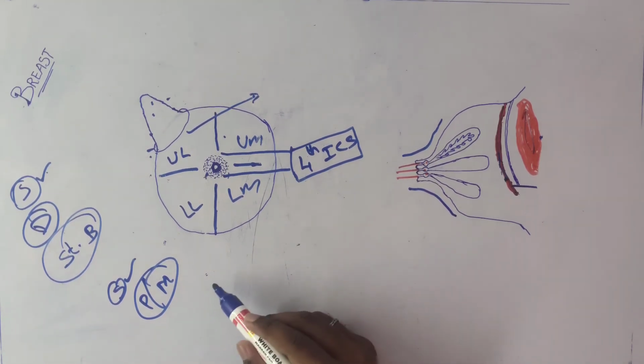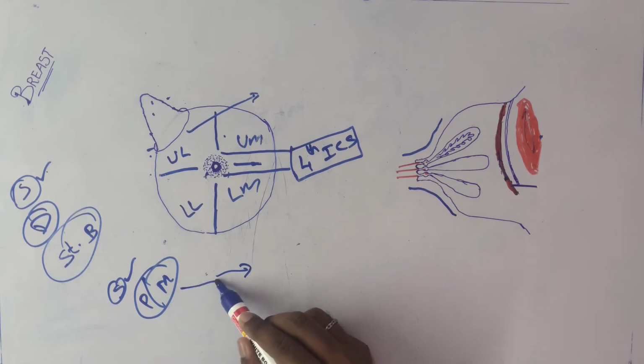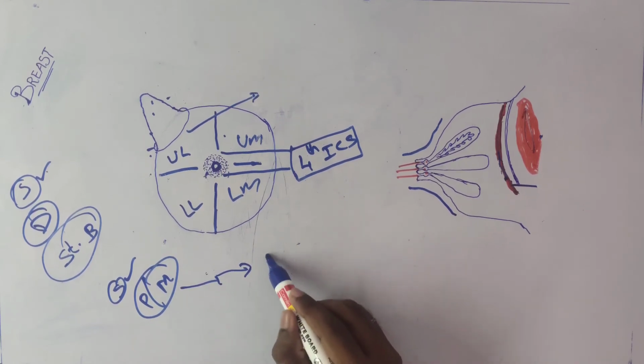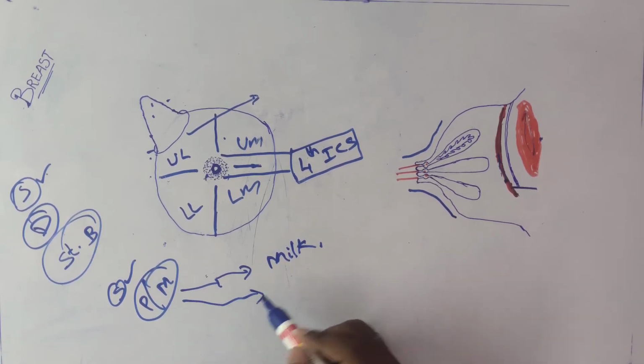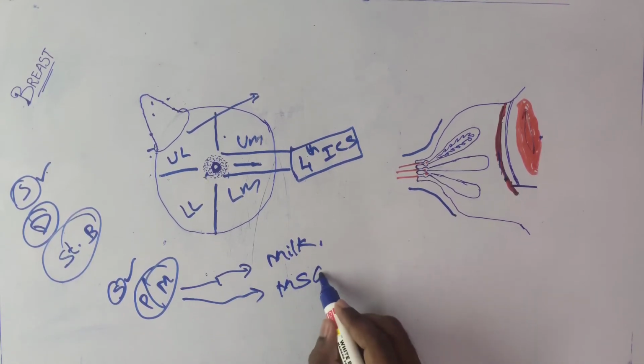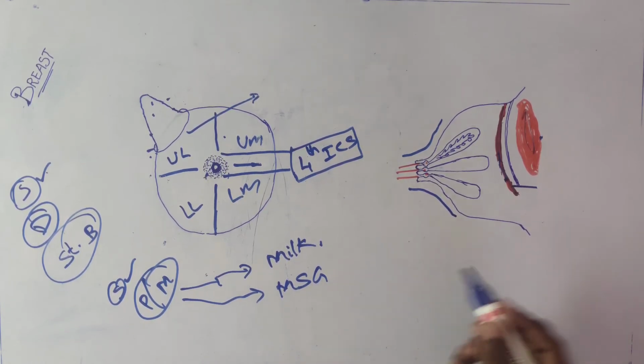It is a tubular alveolar gland which secretes milk. These mammary glands, the milk is secreted from these glands. It is also called a modified sweat gland. And it contains 15 to 20 lobes.